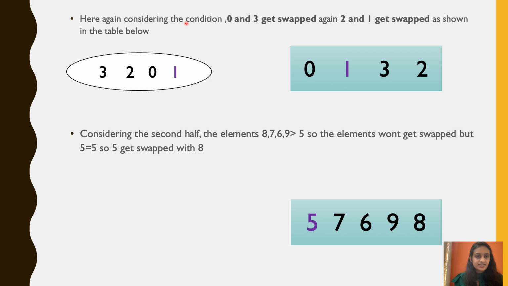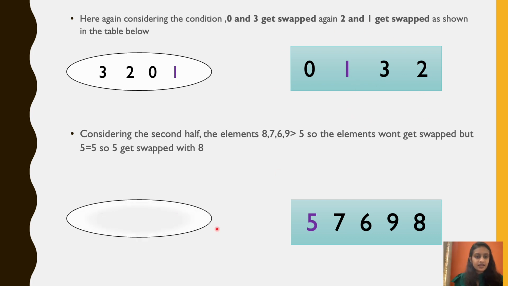So here again, considering the condition, at first 0 and 3 got swapped because 3 is greater than the pivot value 1, 2 is greater than the pivot value 1, but 0 is less than the pivot value 1 and the index value is plus 1. So 0 and 3 get exchanged, and again 2 and 1 got swapped as shown in the table below.